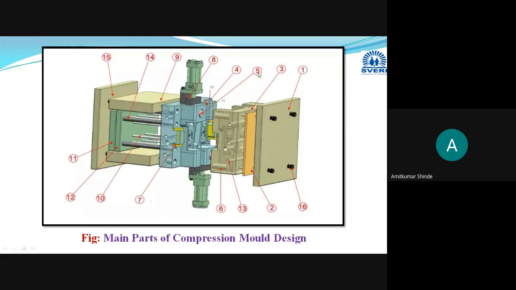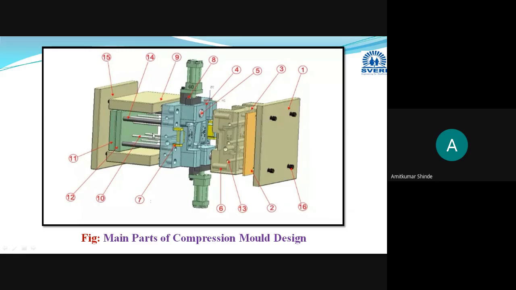And this is the stop, you can say stopper. Then this is the guide pin, vertical guide pin. And this is the core pulling system. Spacer block: this is the stopper block, and this is the spacer block. Don't get confused. This is the stopper block. This is the spacer block.